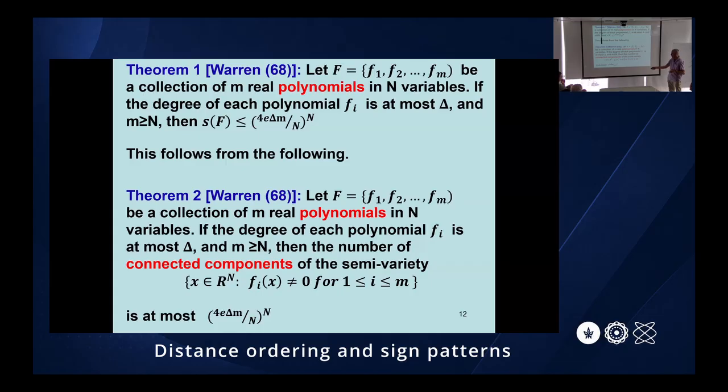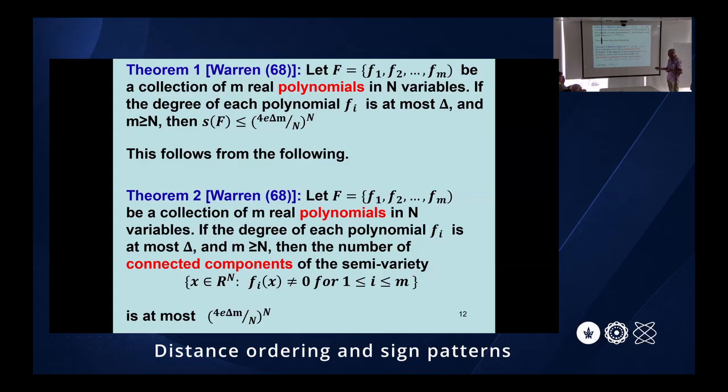The number of connected components is bounded by that expression, e delta m over n, raised to the power n. And you see this obviously implies the other thing, because in the same connected component no f_i can change sign, because it's a continuous function. If it is positive and negative, then by the intermediate value theorem, it will be zero somewhere inside the component, but inside the components it's not zero.